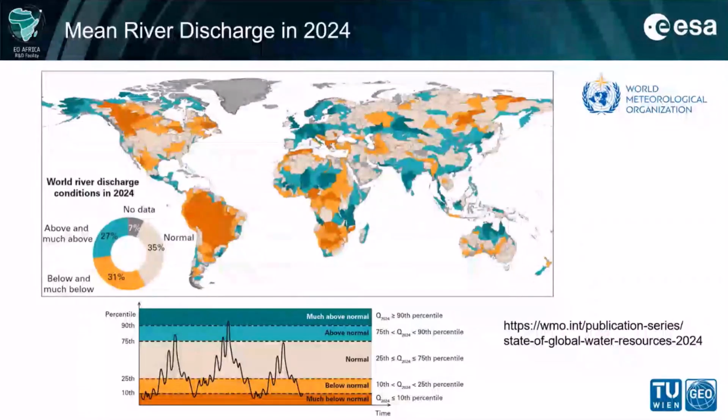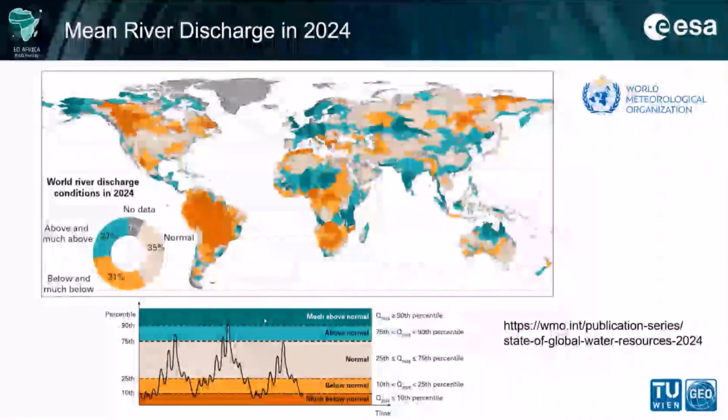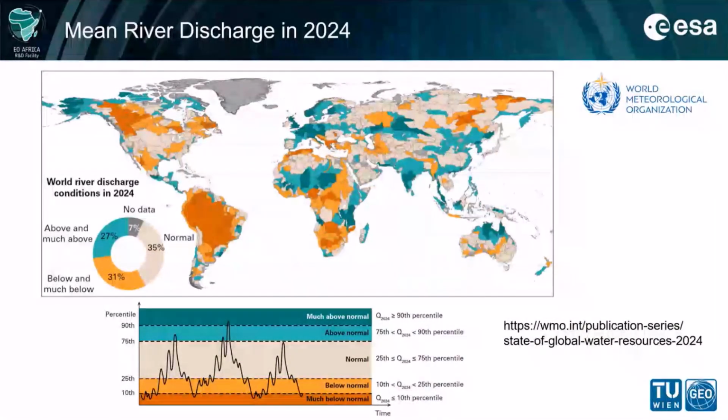This here is a very nice graphic that shows the river discharge for different river systems globally in the last year. It's showing the mean river discharge and the deviation from the past. In the graphic below, you see how to interpret the colors. If you have these dark greenish colors, that means last year had much above average discharge.